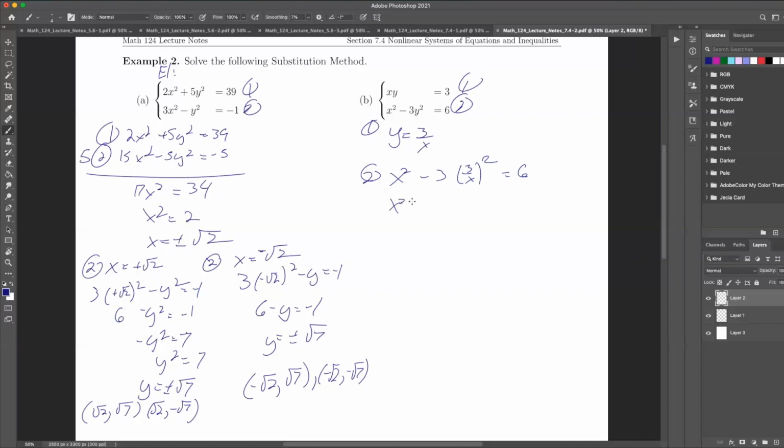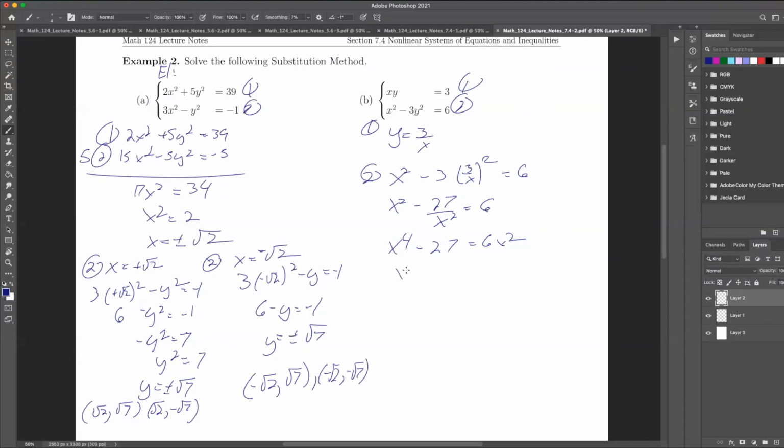Here I'll get x squared minus 3 times 9, which is 27, over x squared, equals 6. In order to solve this, you multiply everything by x squared. So I have x to the 4th minus 27 equals 6x squared.